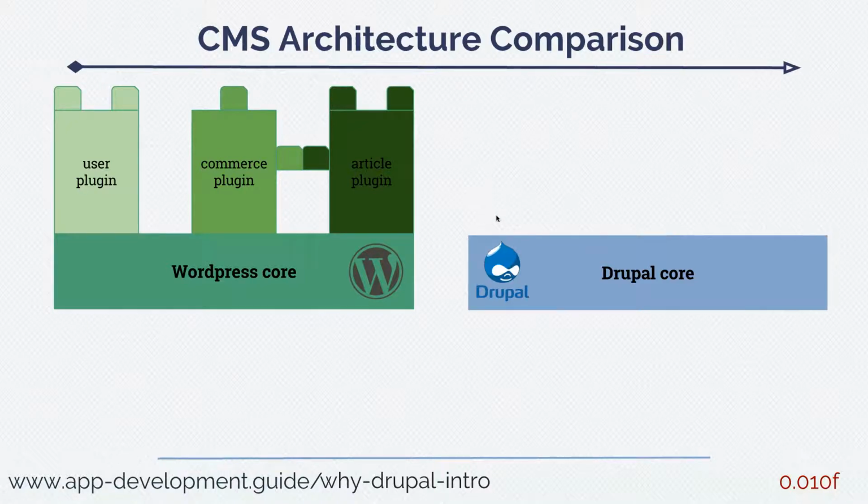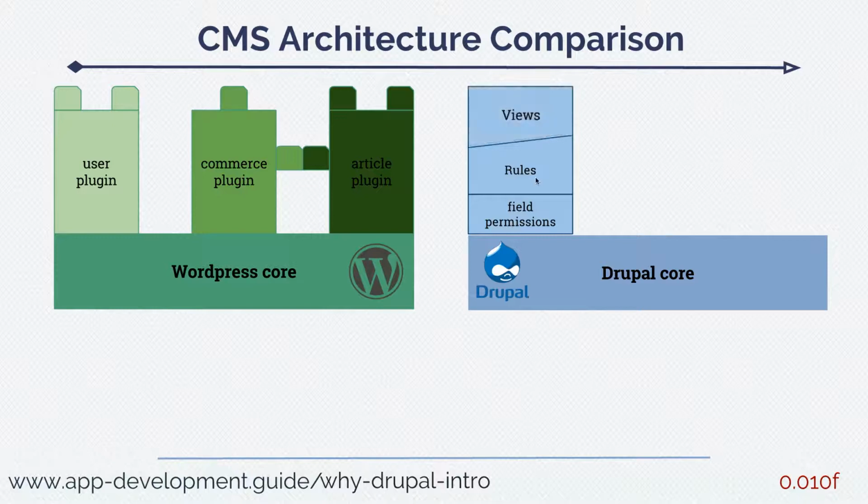Compare that now to Drupal, where you have more generic modules like the field permissions module, the rules, and the views module. Now you can build pretty much the same functionality with Drupal core, the field permissions module, the rules and views.